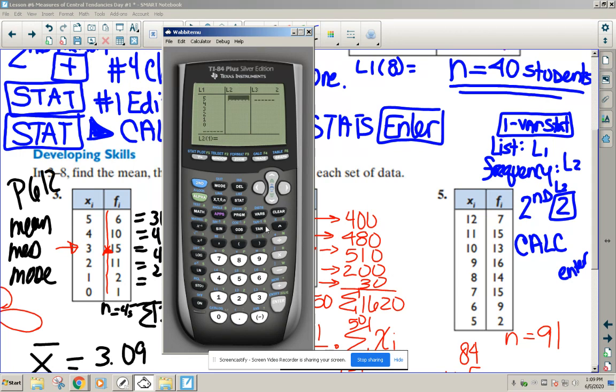And then I can put in the frequency, 6, 10, 15, 11, 2, and 1.